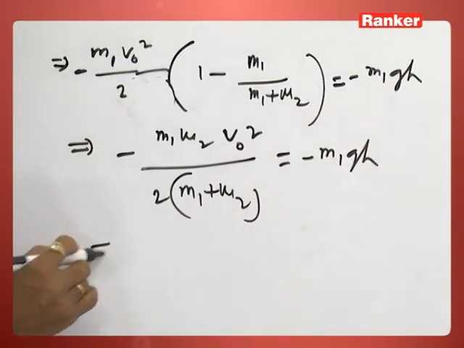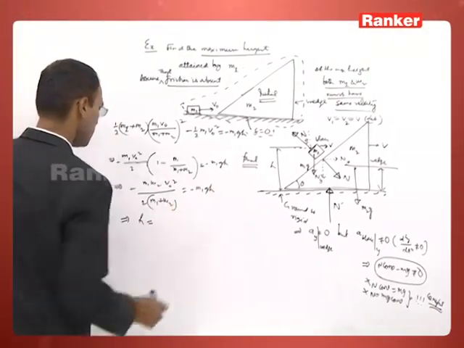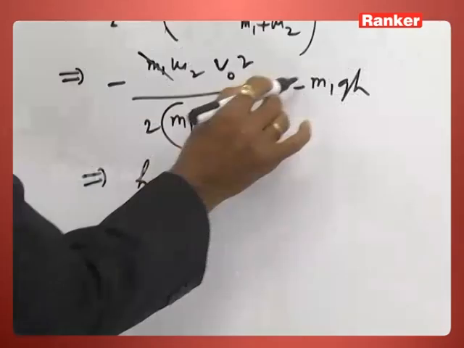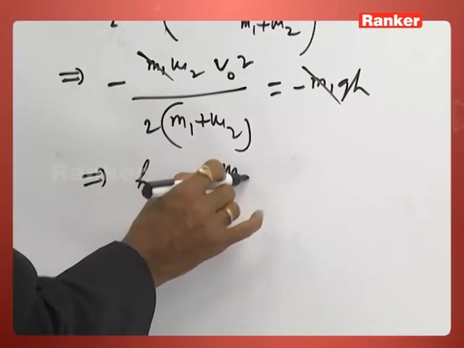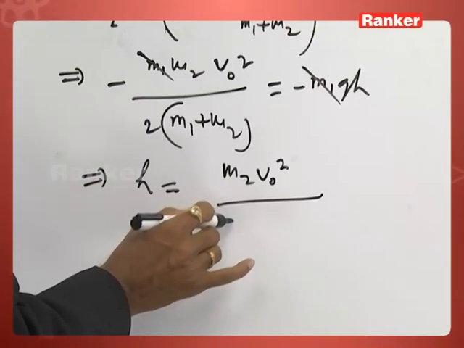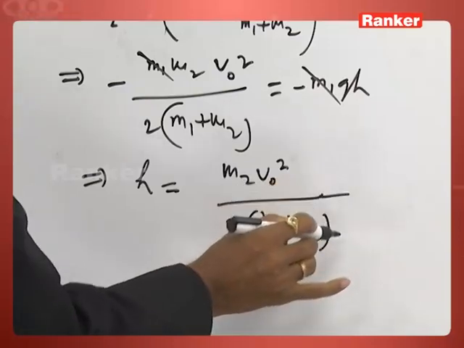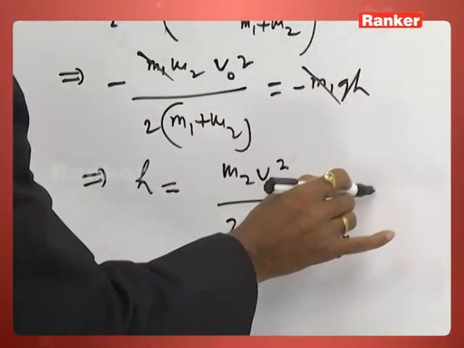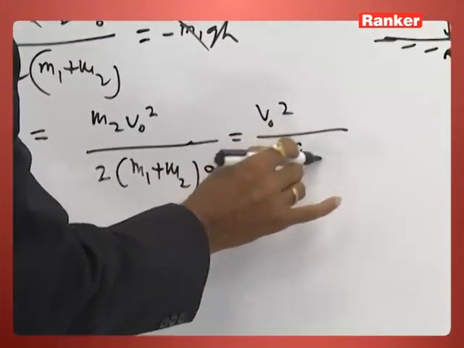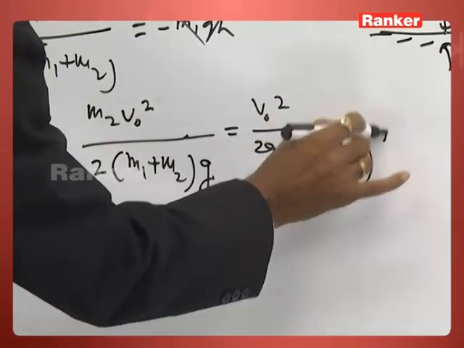And next step, you are getting your answer of the maximum height, h, which will be equal to m2v0 square by 2(m1 plus m2)g, or you can just write v0 square upon 2g into m2 by (m1 plus m2). That is the answer.